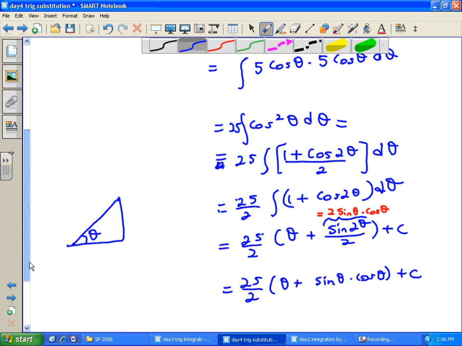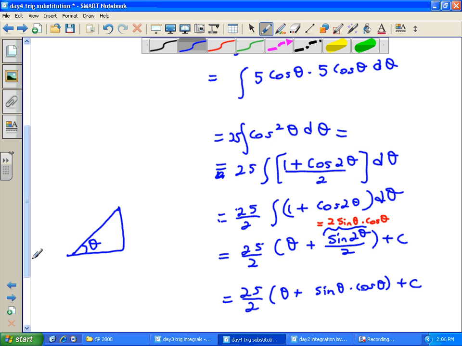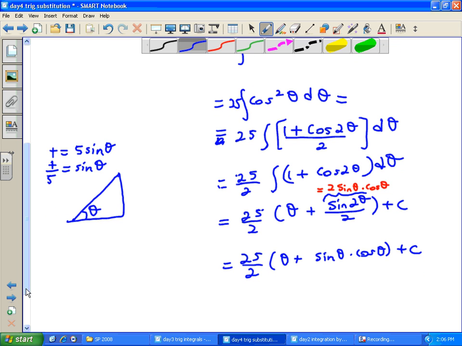And looking back to our original substitution, we had said let t be 5 sine theta. This tells me that t over 5 equals sine theta. So how will we label the sides of this triangle?